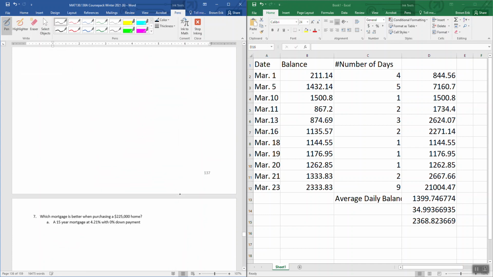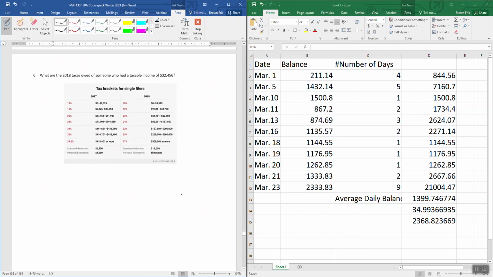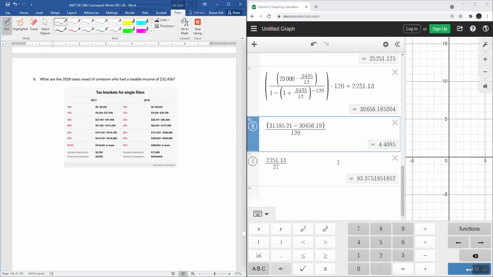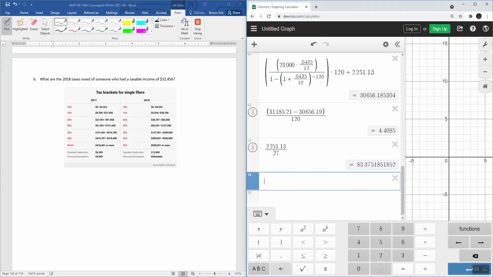All right, one of the last questions. We're going to file some taxes. So this one is not too bad to do in Desmos. If someone had a taxable income of $32,456 using the 2018 tax income, how much would they owe? So notice that $32,456 lands, the highest tax bracket they're in is the 12%.